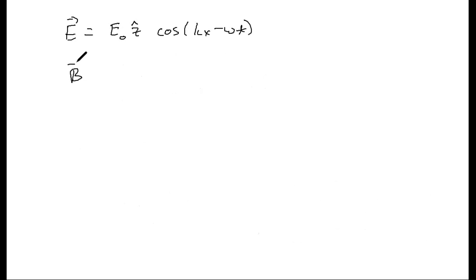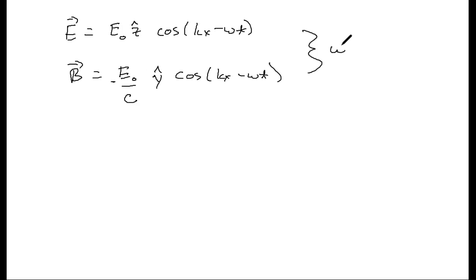We get magnetic field solutions, which are E over c times y hat cosine of kx minus omega t, and the waves move in the third direction, the x direction.